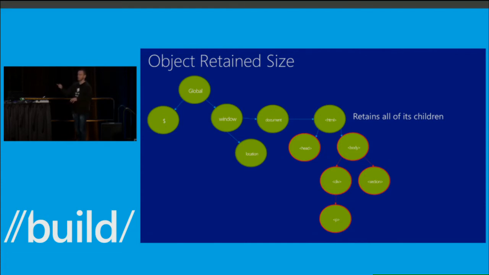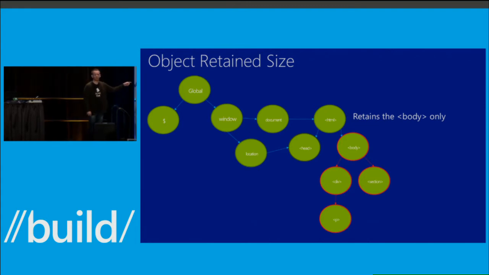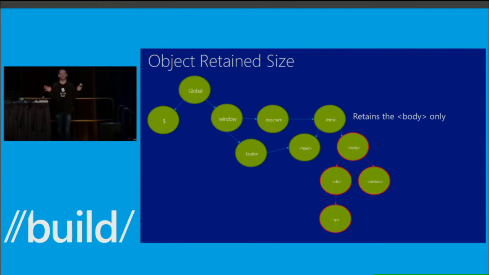And so in this case, you notice the HTML element is the only guy who's rooted back to global that is holding on to the head, the body, and all those other things. So he's responsible for the whole shebang. But if the window.location object adds a reference to the head, then the HTML object is no longer retaining the head.